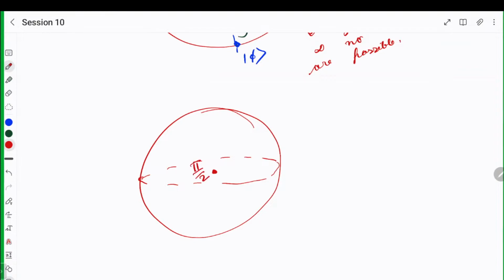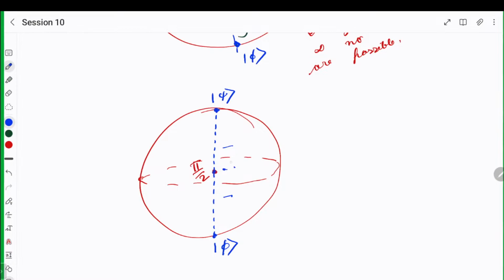Now, how can you represent it? So this is at the center. Let's say I draw this line, with psi and phi orthogonal. Of course, the center will divide the diameter in the ratio 1:1, right?